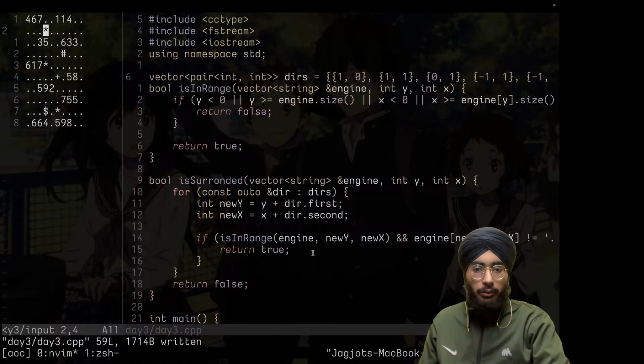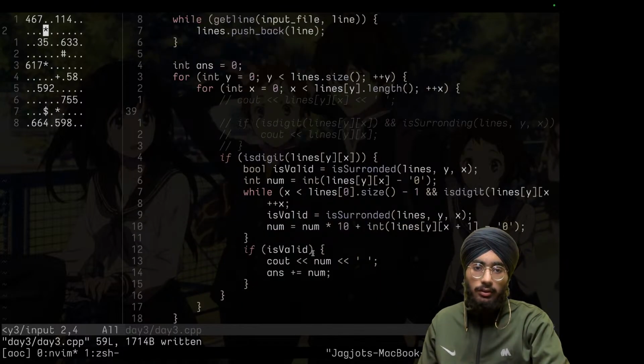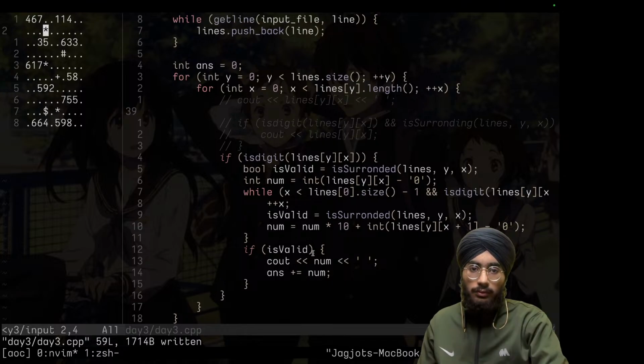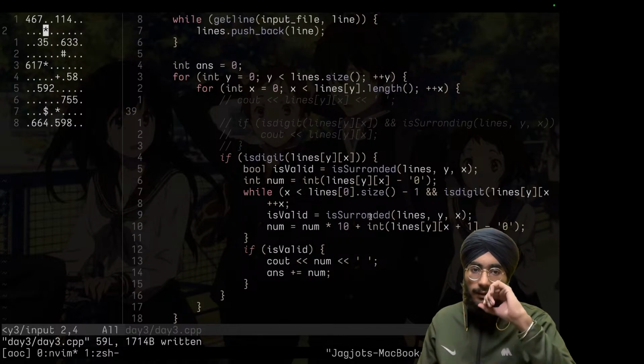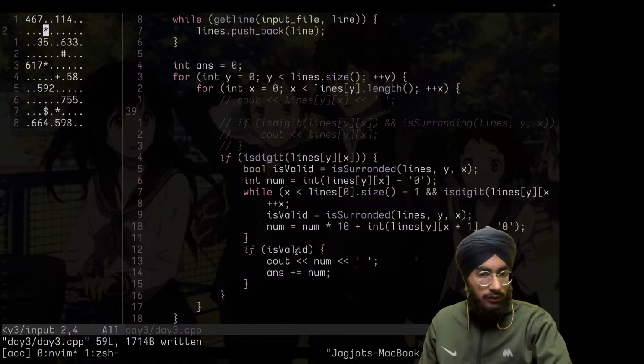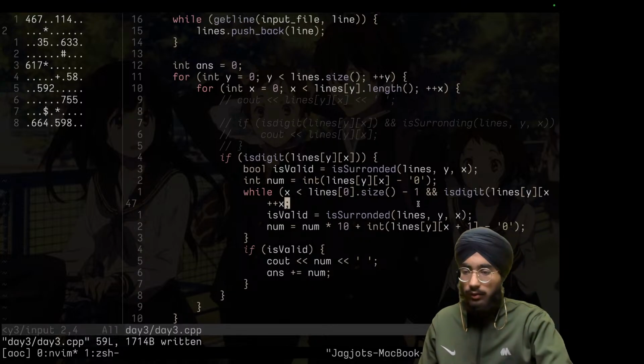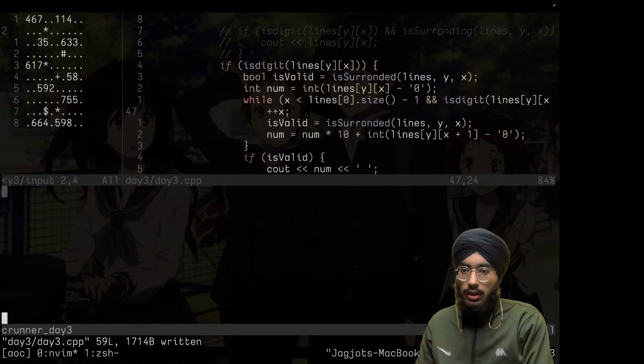That's why it's going to return true. Fine. Let's go. And is valid is going to be true, and if is valid, cout num. Okay, please work now.